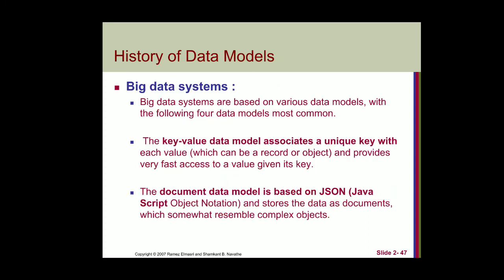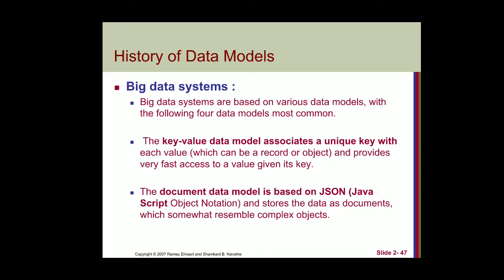Then we have big data systems, and big data systems are based on various data models, with the following four being most common. First one is the key value data model that associates a unique key with each value. Whenever we have a particular key, we can get to know what information is present over there.